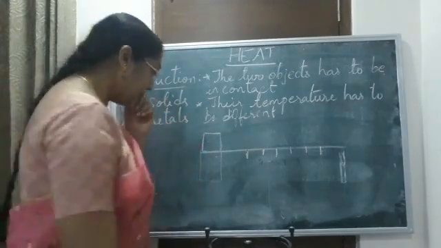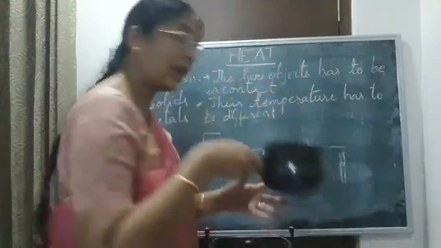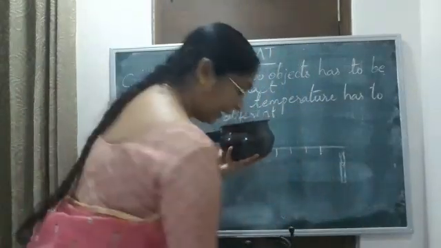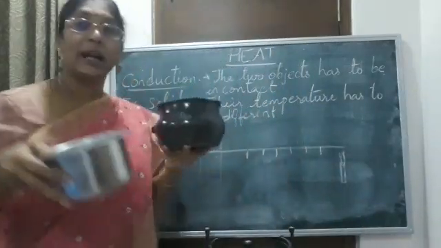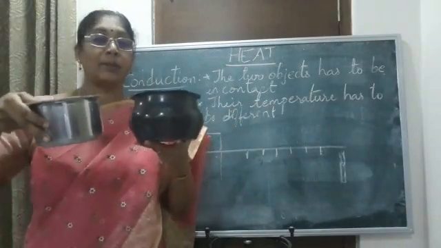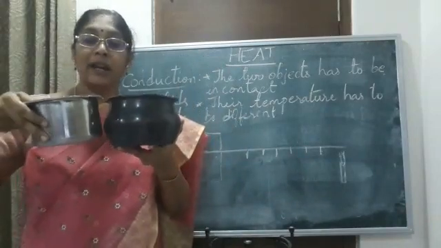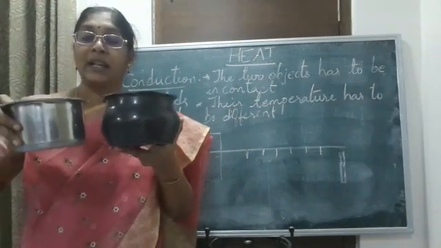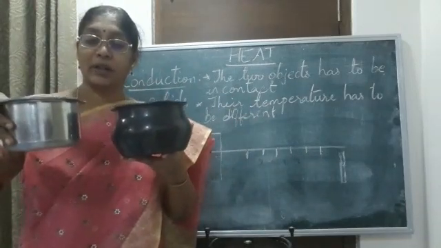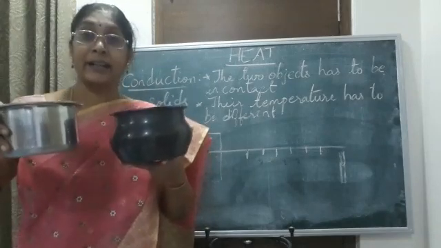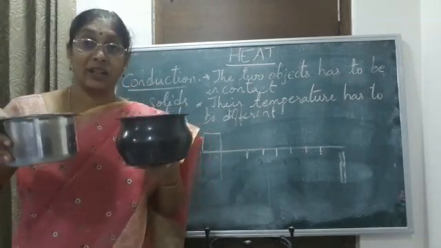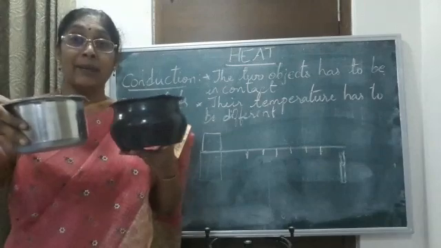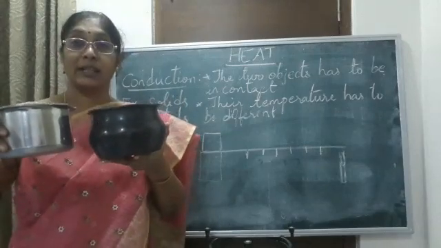Suppose this is a metallic container, and this is another container. This one is very hot. If the two are at a particular distance, can heat be transferred by conduction from this end to this end?